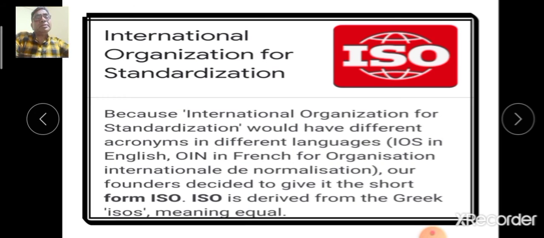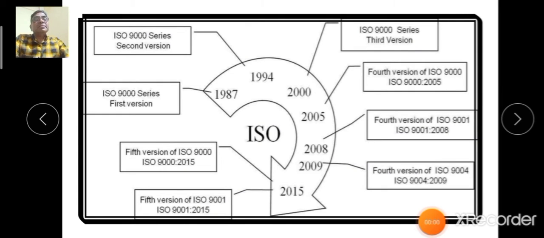Now next, what is the ISO? It is the International Organization for Standardization. From 1987 to 2015, five versions of ISO have been developed. In 1987, the first version of the ISO 9000 series was developed. In 1994, the second version, while in 2000, the third version of the ISO 9000 series.